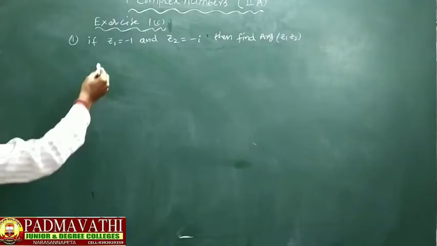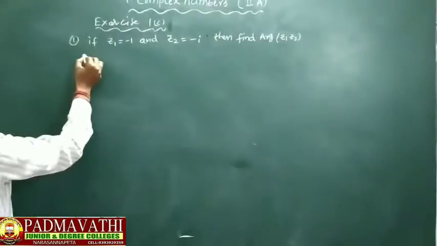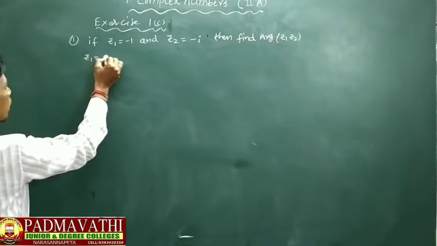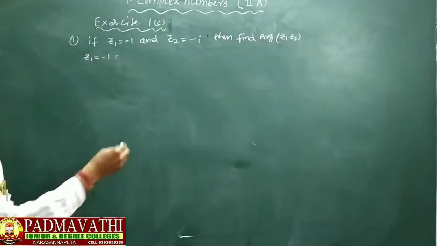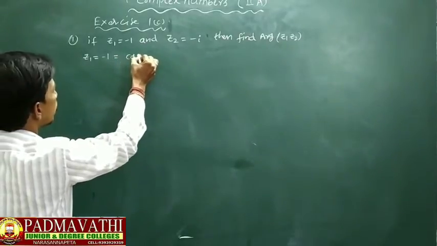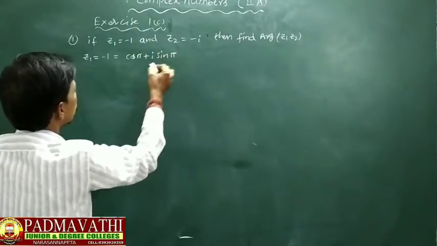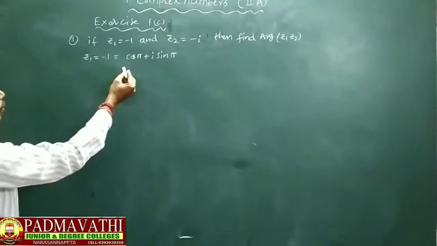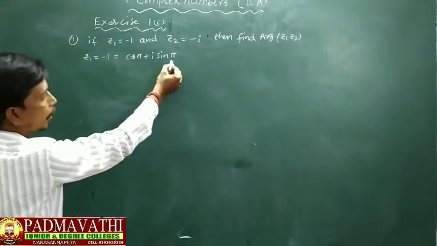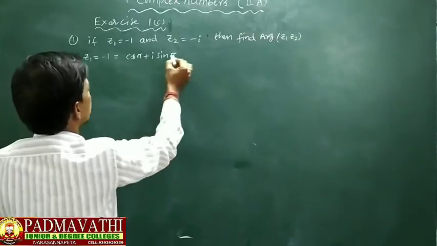First of all we find arg z1 and arg z2. z1 equals minus 1. Now convert it to the form cos pi plus i sin pi. Cos pi equals minus 1, sin pi equals 0. So minus 1 plus i into 0 equals minus 1.